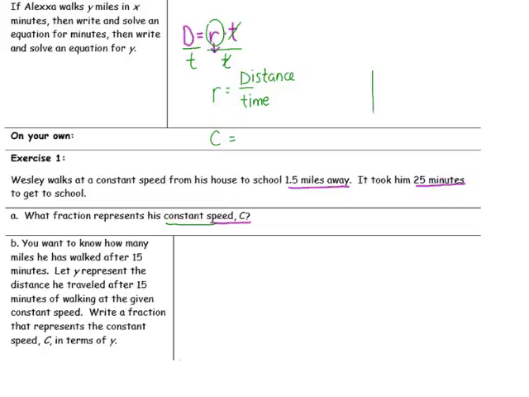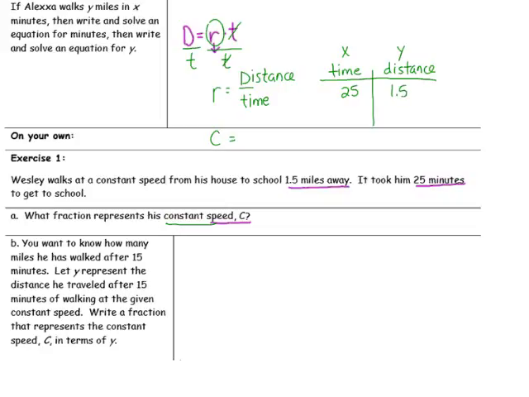In our table of x and y, we had time being compared to distance. And we know that in our table, the time is the x value and the distance is the y value. We know that the time is 25 minutes and the distance is 1.5 miles.